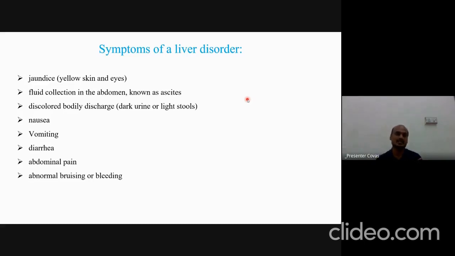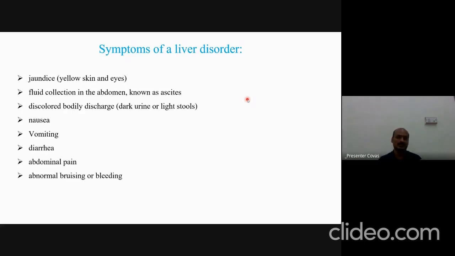These functions are done by the albumin protein, which helps maintain the osmotic pressure in the blood, so the fluid doesn't ooze out into the body cavities. If the liver has some problem, you will have ascites, because less albumin means more fluid oozing out into the body cavity.